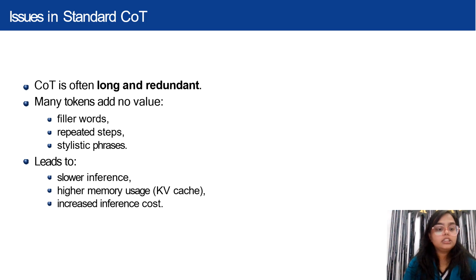LLMs generate text one token at a time. So if the reasoning takes 300 tokens, it will have 300 sequential operations. The second problem is memory usage. The longer sequences fill up more cache memory. And the cost: ultimately you are paying for every token generated, so the cost will also be higher.